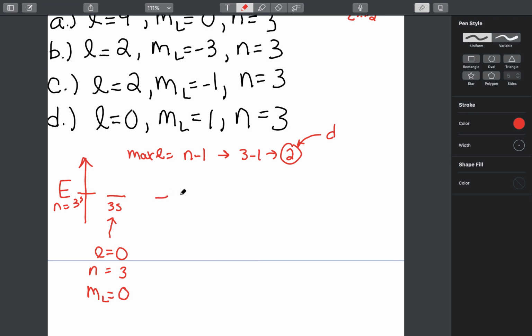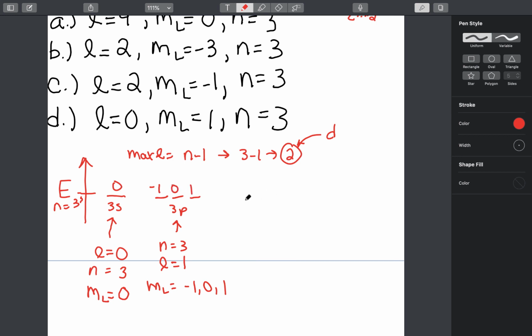So now let's go to the 3p orbitals. So 1, 2, 3. So here are our 3p orbitals, which correspond to an energy level equal to 3, the angular quantum number equaling 1, and the ML values ranging from -1, 0 to 1. So let's label these. So -1, 0, 1.